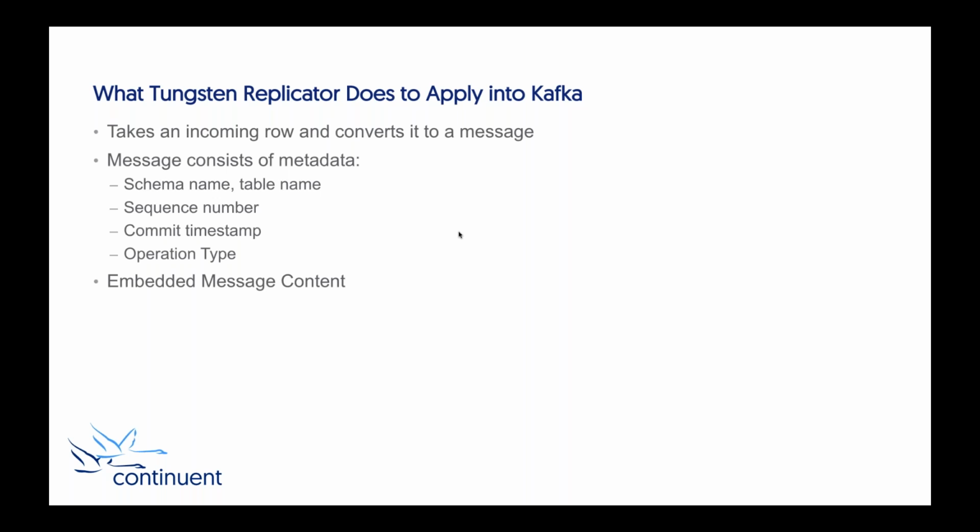And because this is the replicator, we can perform a number of translations and transformations on that. If you have a binary value and you want to convert it into bin hex, we can do that for you, because that's a standard feature of the replicator. Then we convert it into a message, one row for each message as the information goes out.